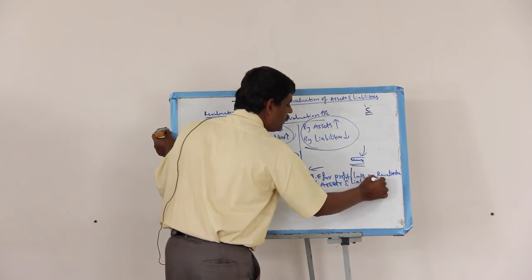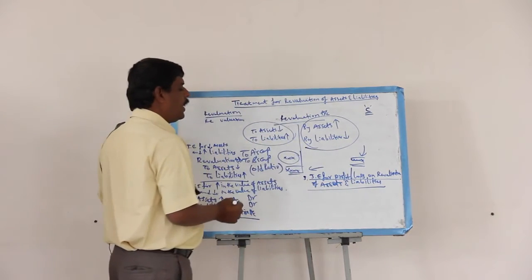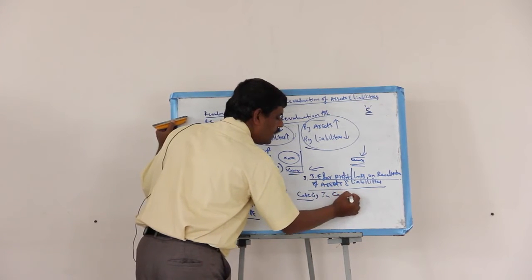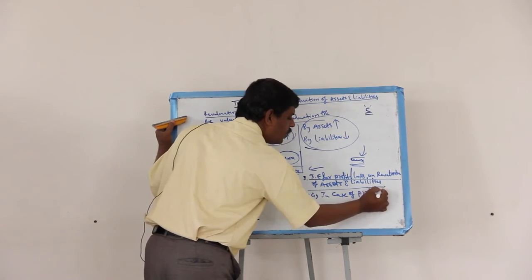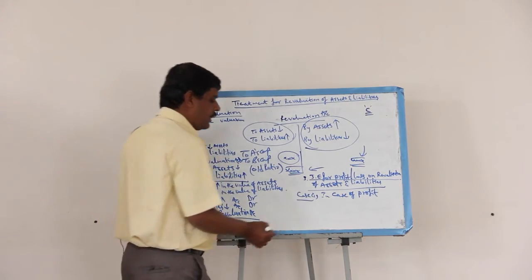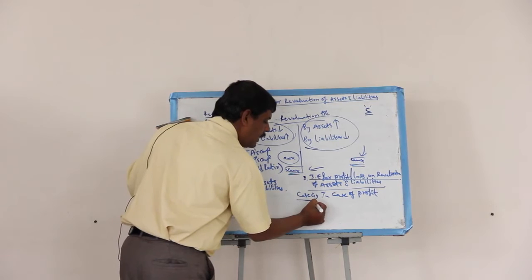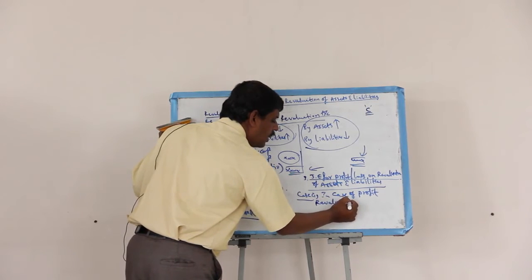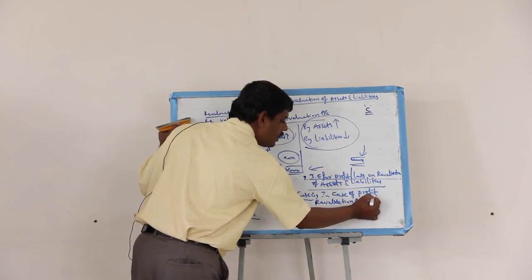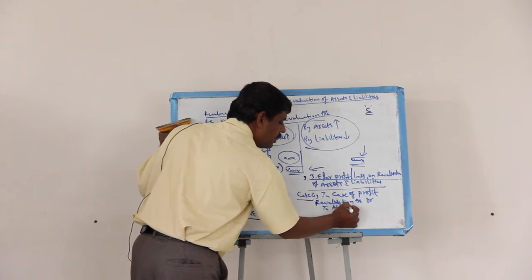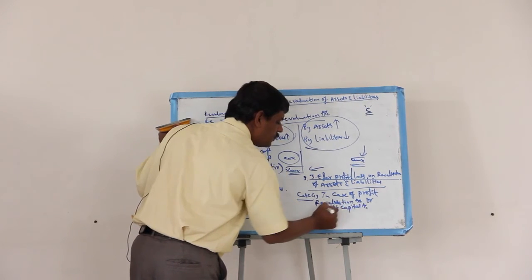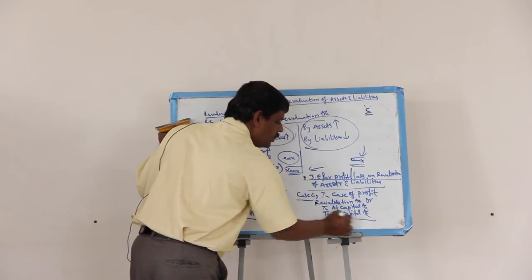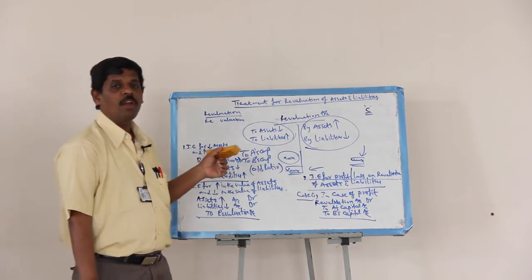Case 1: in case of profit, if the credit total is more than the debit total, then you write the profit entry. Journal entry is revaluation account debit to A's capital account, to B's capital account, in the case of profit.